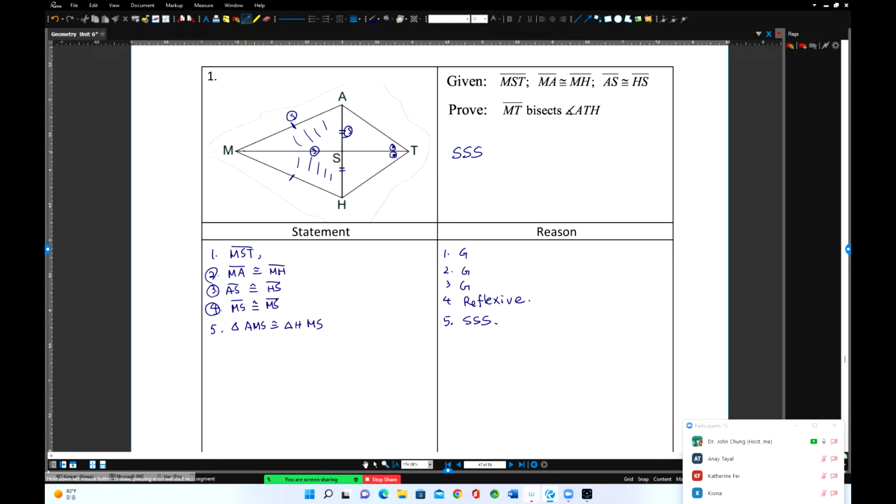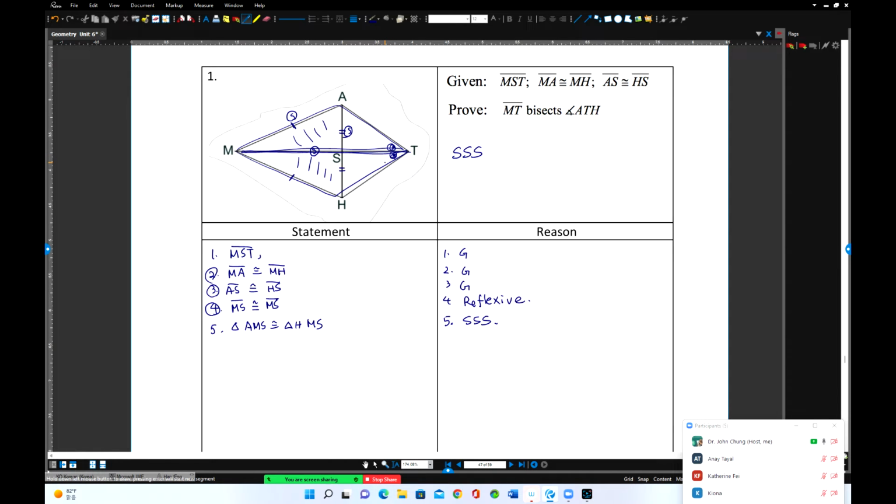We have to say, right, this line is what? Bisect angle. So we have to go this way. So you can say these two angles are congruent.